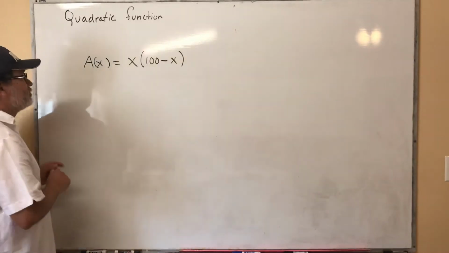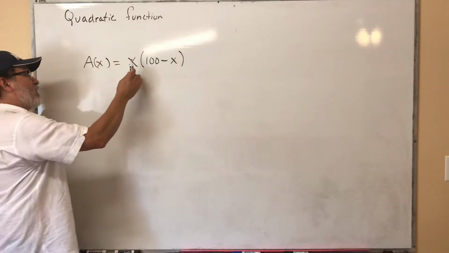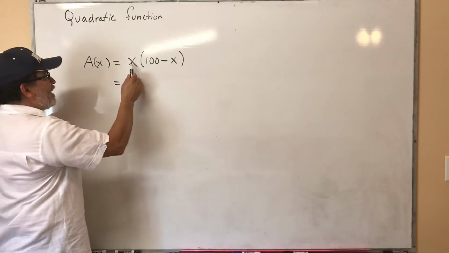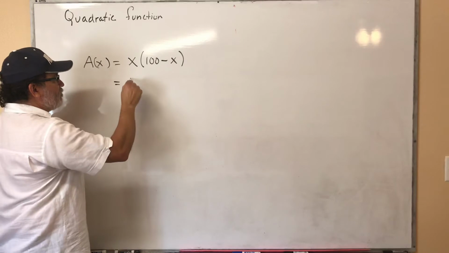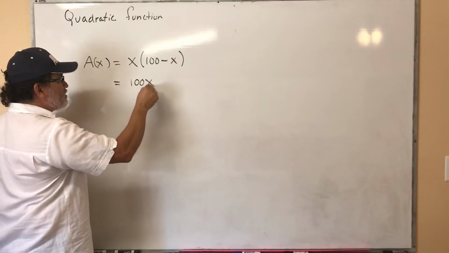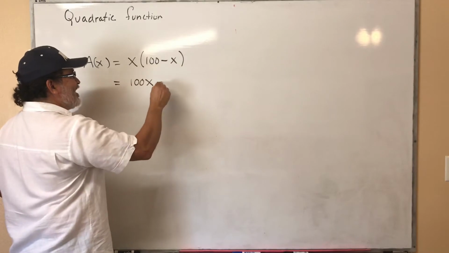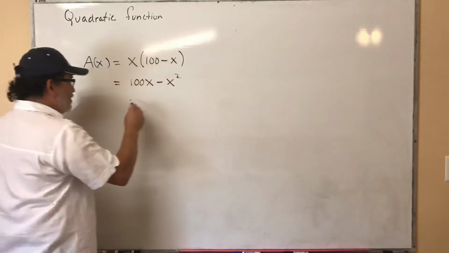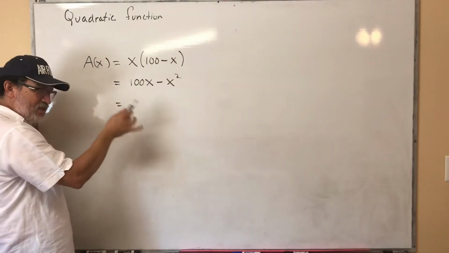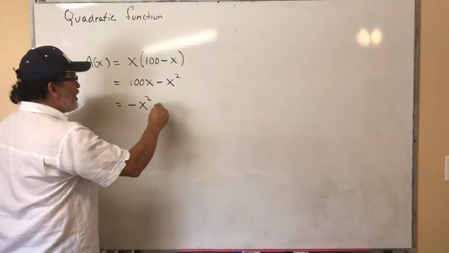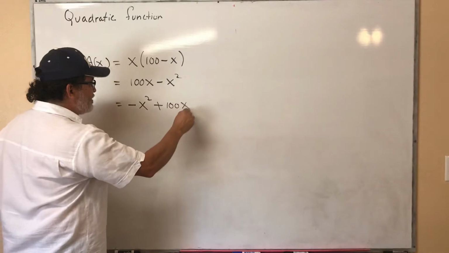Note, if you multiply this times that, what's x times 100? 100x. What's x times negative x? Negative x squared. Let's write it in descending order. This is negative x squared plus 100x.